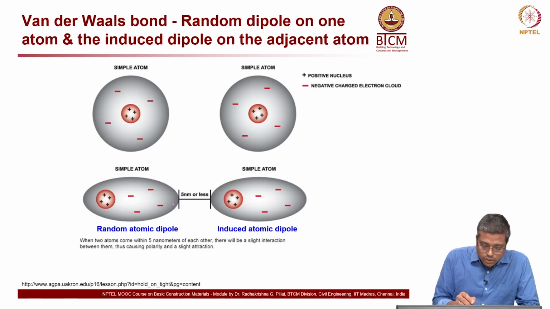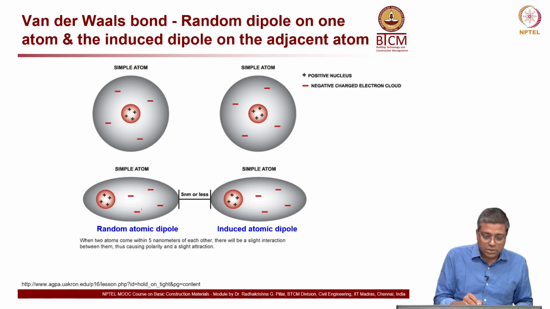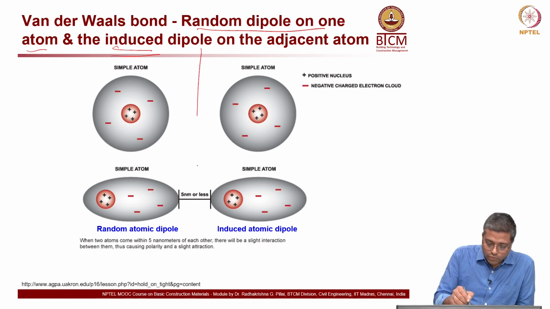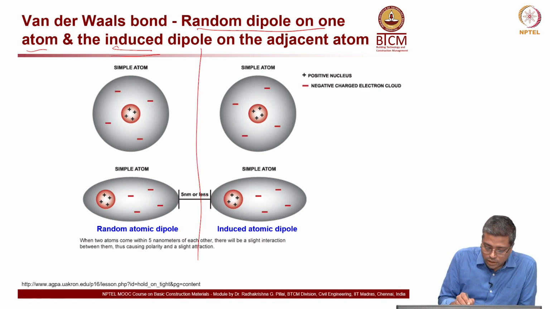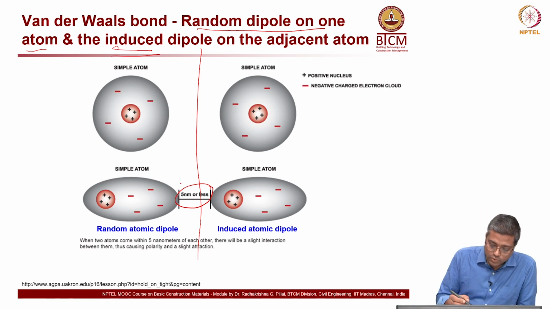Now, just a little bit more explanation on this, where you can see a random dipole on one atom and the induced dipole on the adjacent atom. Look at the left side of the graph. Here the distance is written as about 5 nanometer or less. That means we are very, very close.